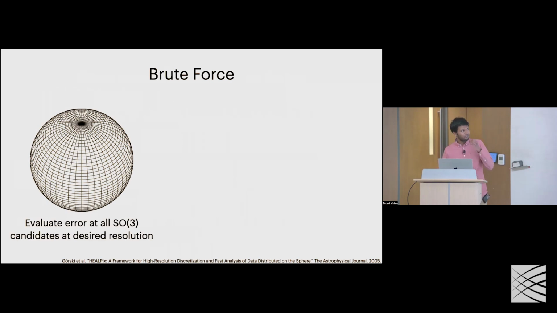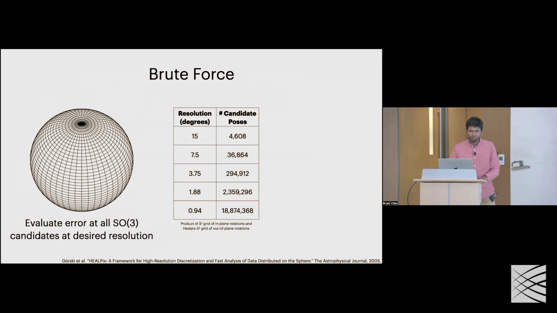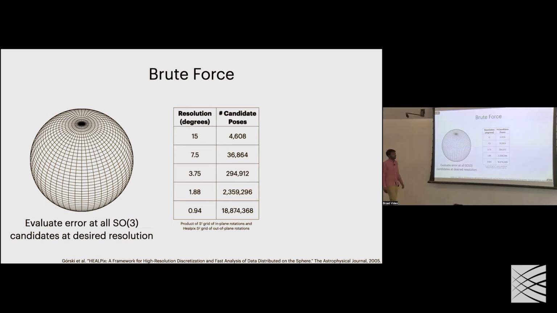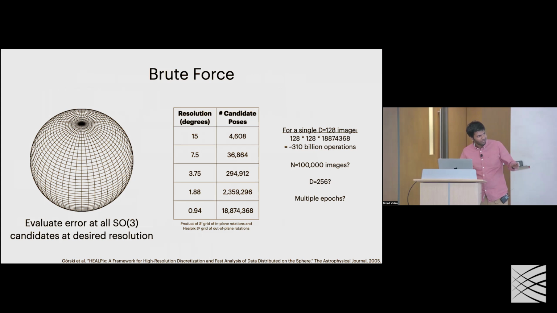So let's think about how to do it. What if we just brute force it? What if we take the space of poses and just break it up into a really fine grid? That's not going to work, because to get 1 degree of rotation error, it would correspond to nearly 19 million different poses. And you can do some back of the envelope math.